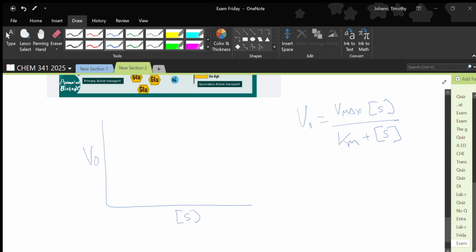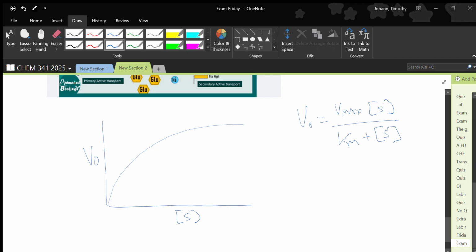Okay, that's our Michaelis-Menten equation, and we had our 45-minute derivation we did on it. You won't have to do the derivation. You would maybe have to do graphy things to demonstrate an understanding of that. But a plot for this looks like this, okay?